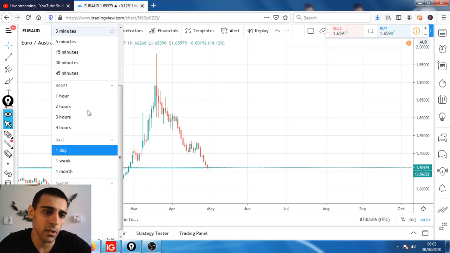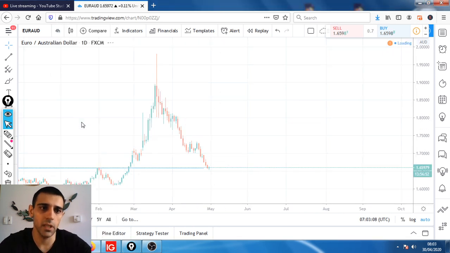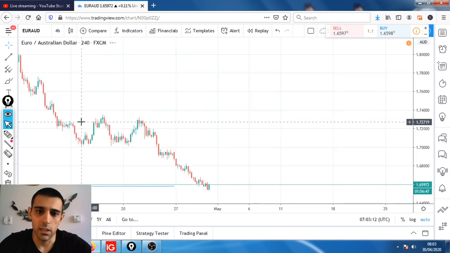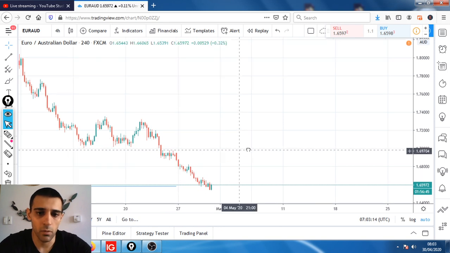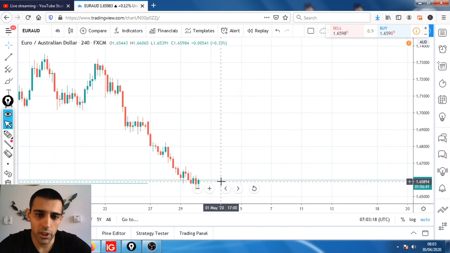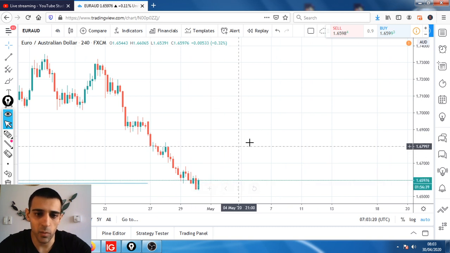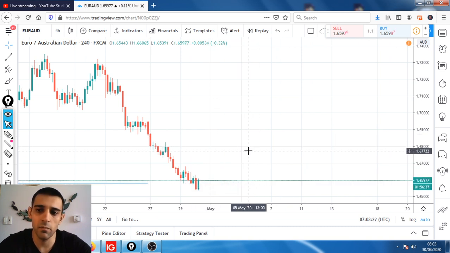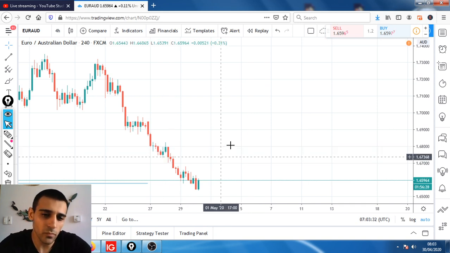When we go to the shorter time frames, let's jump into the 4-hour time frame and see what we have. Earlier I was looking for the entry somewhere where the price is at the moment, but because I saw that very intense spike towards the upside, I'm thinking I'm going to hold and wait a bit more.